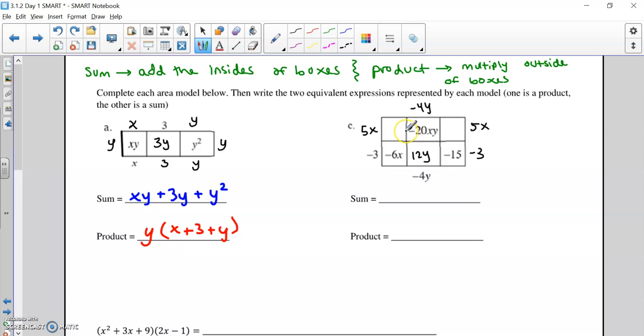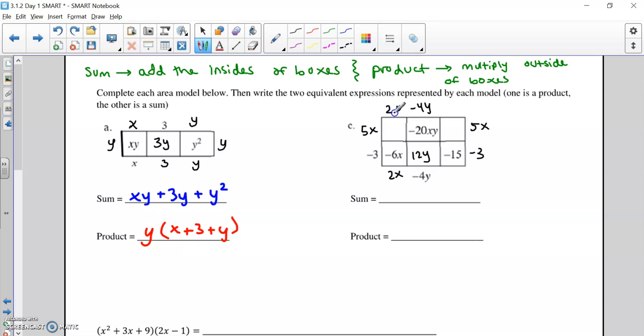Okay, and then we want to figure out some more information. All right, this part is kind of harder to see, but if you look at this -3, and we have a -6x in this box, we have to see what we need to multiply -3 by to get -6. That would have to be a 2x. Okay, -3 times 2x is -6x.